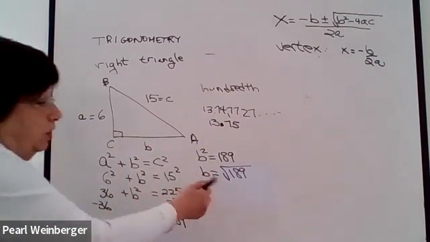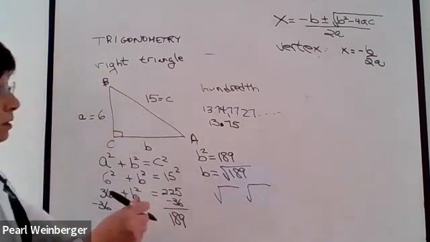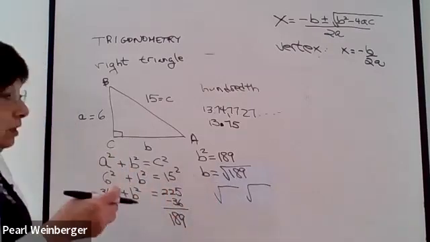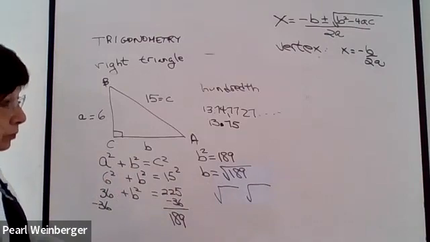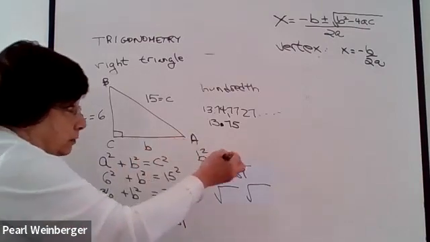Remember how we simplified? We broke it up into 2 parts. What number goes evenly into 189 that's a perfect square? I think 9.